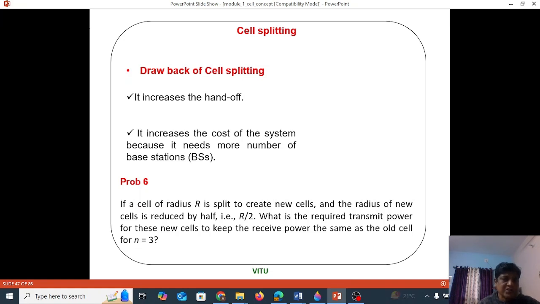Now the cell radii are R by 2. Previously, before splitting, it was R, and the path loss exponent of this area is 3. What would be the transmit power after splitting for the new cells, keeping in mind that the receive power is the same before and after splitting? Why is it expected to be the same? Because we want to keep the quality of service the same.